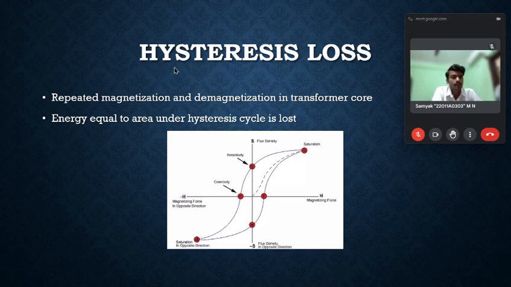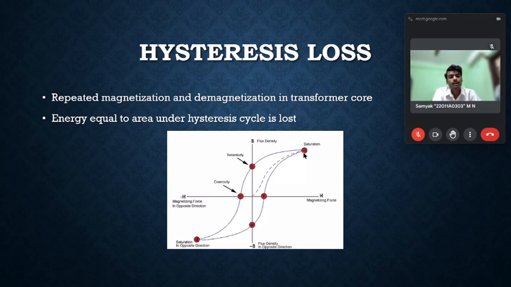Hysteresis is an effect wherein when we magnetize and demagnetize a material, it does not follow the same path of flux density and magnetic force. As we can see on the y-axis, we have flux density, on the x-axis, we have magnetic force. When we try to magnetize a material, it follows this path initially from zero state.